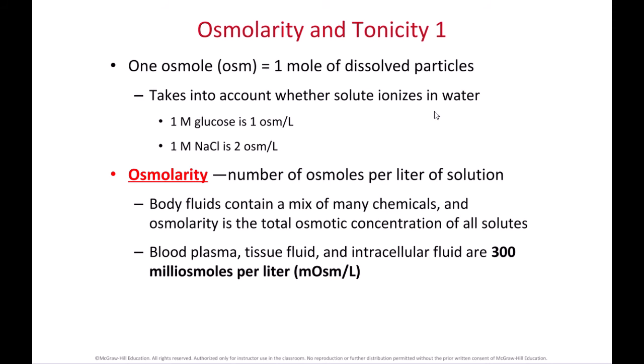When we look at osmolarity, the thing I really want to emphasize for you is that the number of ions dissolved influences osmolarity. The more ions you have dissolved, the greater your osmolarity is going to be, because the greater the influence on osmosis.